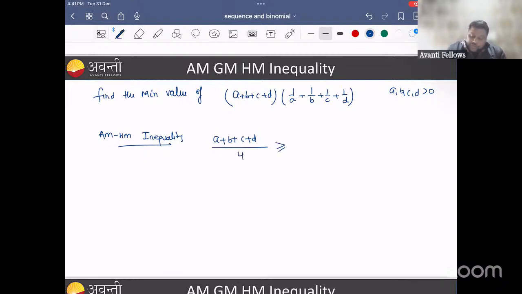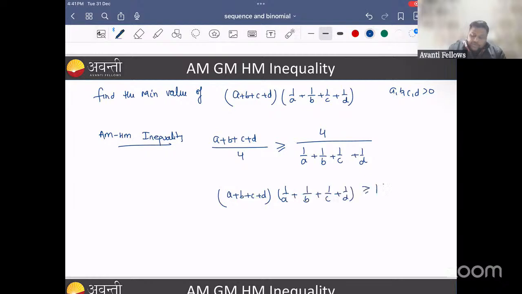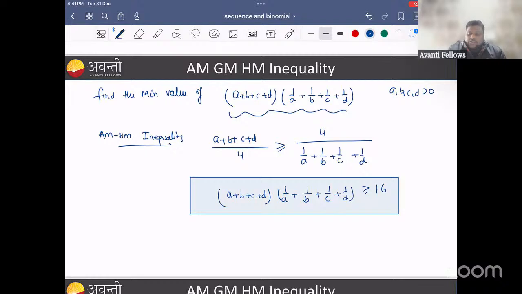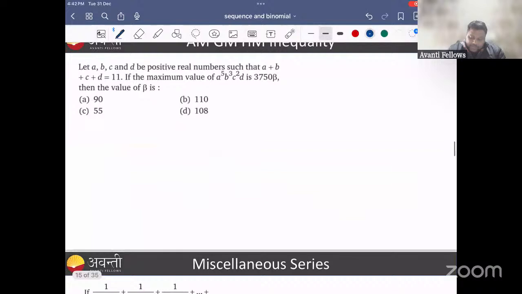Harmonic mean is going to be 4 upon 1 by A plus 1 by B plus 1 by C plus 1 by D. Now if I cross multiply, I get A plus B plus C plus D into 1 upon A plus 1 upon B plus 1 upon C plus 1 upon D more than or equal to 16. So minimum value of this product is what? 16. Am I clear?